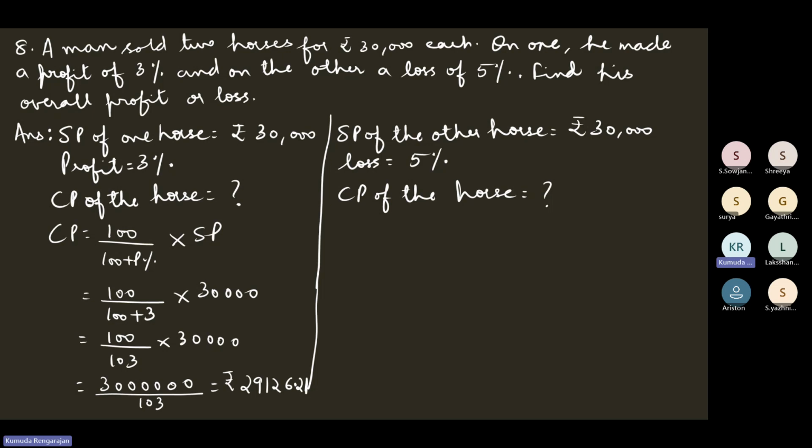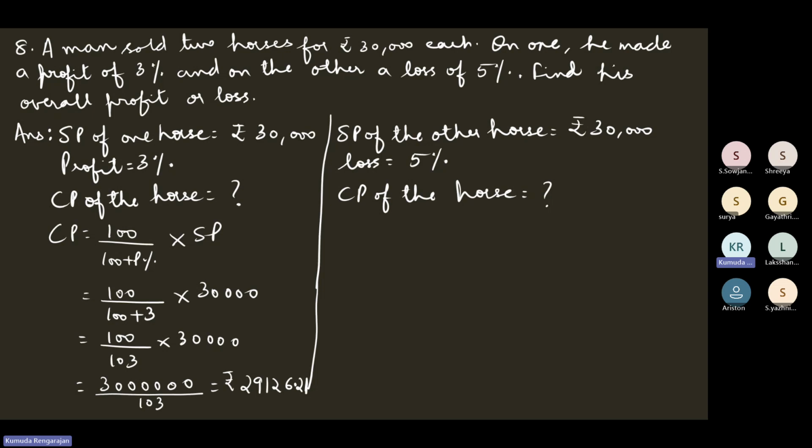What is that, Shreya? Very confidently you're saying that I use a different formula. See, finding CP when SP and profit percent is given uses only this formula. The profit is not given in terms of rupees. To use the other formula, profit is given as a percentage. So this is the formula you have to use.